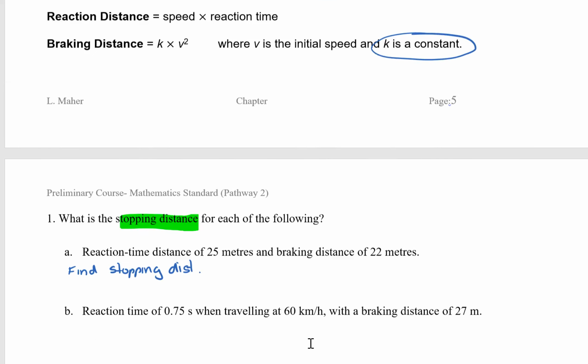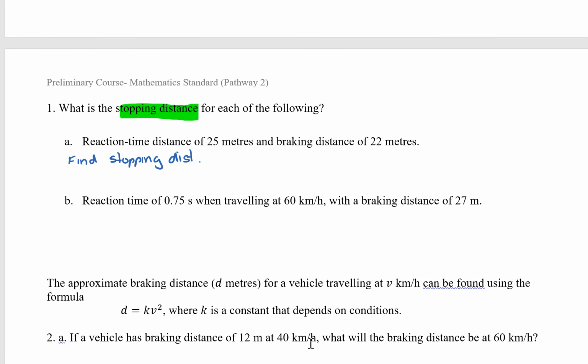That all becomes well supported when you read part A of the question. The reaction distance is 25 metres. Well, that's one component of it. And then the braking distance is 22 metres.